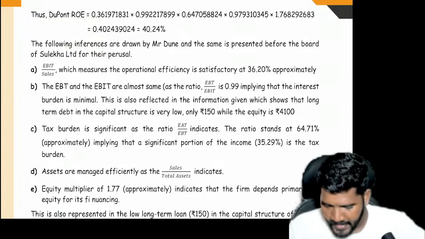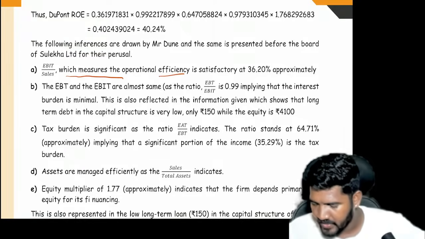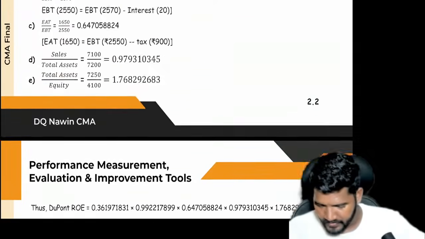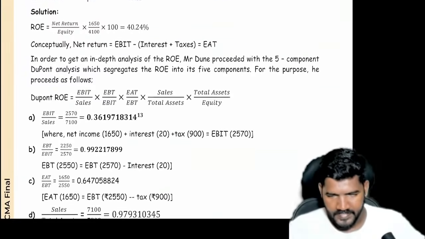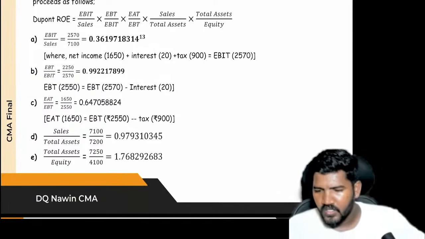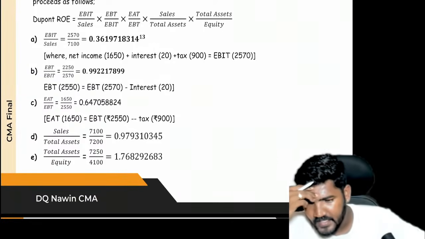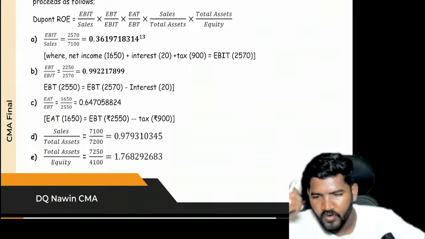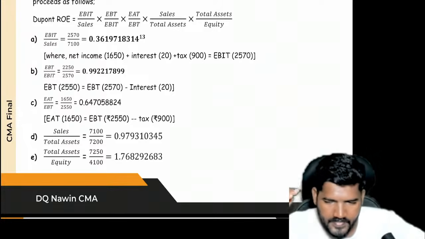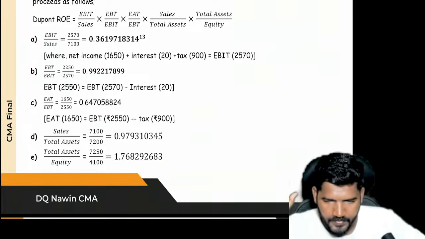EBIT divided by sales, which measures the operational efficiency, is satisfactory at 36.20%. Sujit, questions do not come from our materials, but from models. If you understand the models, you can easily crack whatever kind of questions they ask. All models I covered. Just listen and understand the concept.